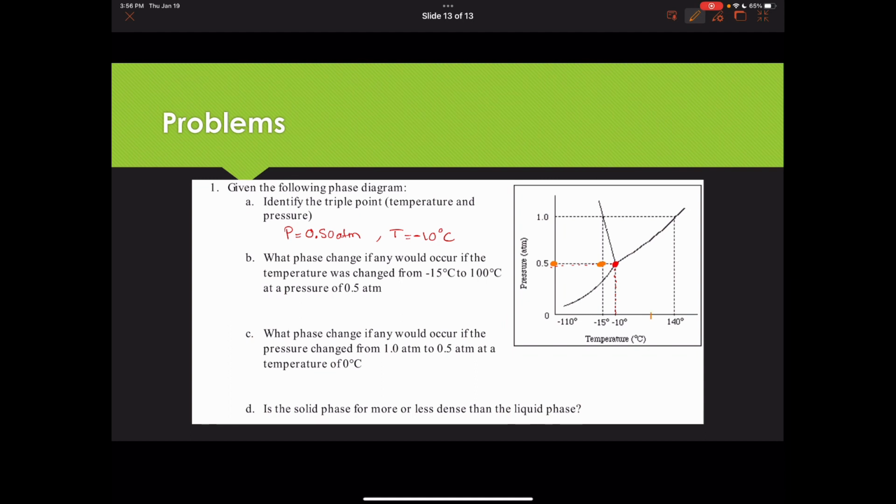So this is just going to be an estimate. At negative 15 and 0.5, we're in that solid region. We increased the temperature. We kept the pressure constant. We crossed through the lines and entered the gas phase. So we've gone from solid to gas at that pressure. So that means sublimation would occur.